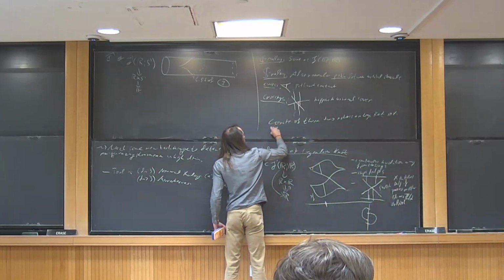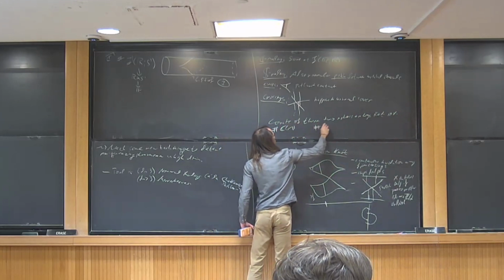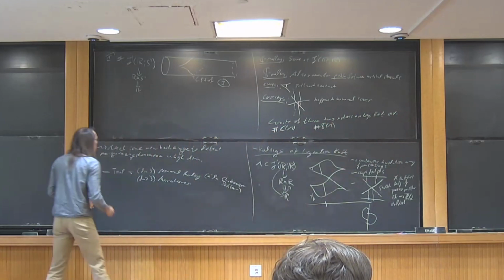I'll denote them by number C and number S of lambda, for a fixed Legendrian.